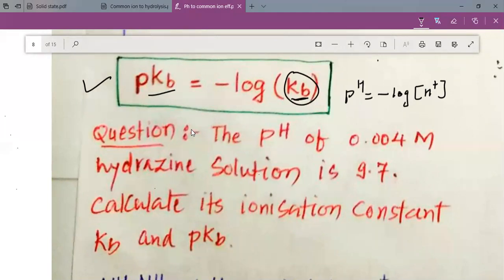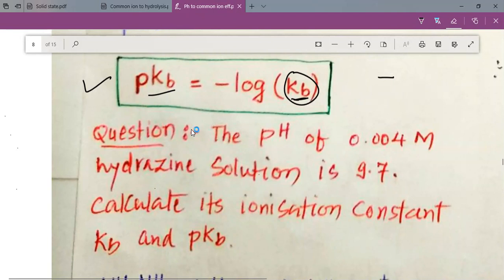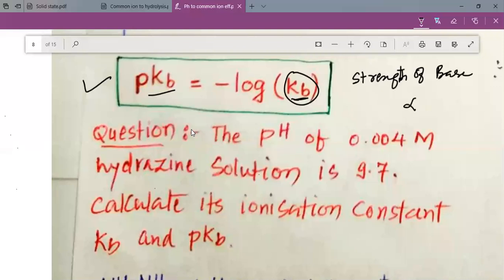So apart from the Kb value, my dear students, we have another value, pKb, and please remember it well: more is the value of pKb, weaker is the base. The strength of base is inversely proportional to the pKb value.